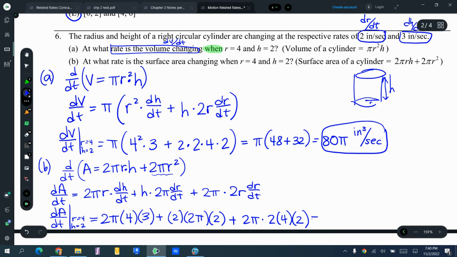Good times. That first little chunk, I'm going to have 24 pi. Second little chunk, I'm going to have 8 pi. Third little chunk, I'm going to have 32 pi. So overall 64 pi. And that is inches squared per second because it is area.